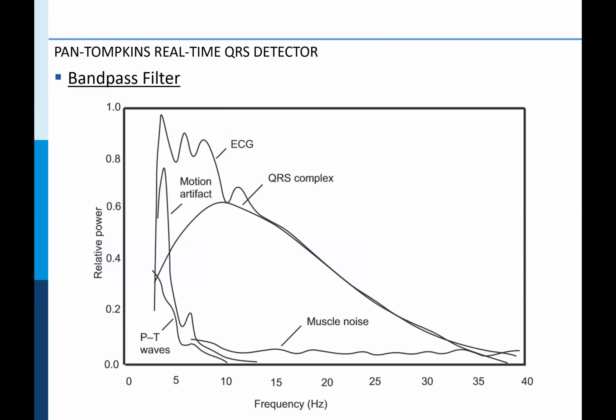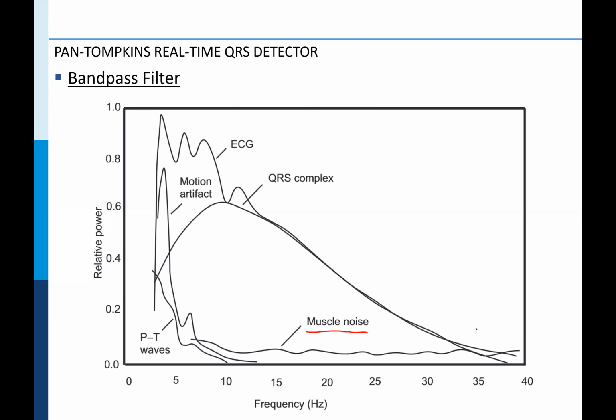This diagram gives the spectral behavior, or the frequency behavior, of an ECG signal and the associated components. To start with, you could see the muscle noise is a very low frequency activity, and it typically occupies a very low power. Sometimes the power could extend to the entire frequency of interest.